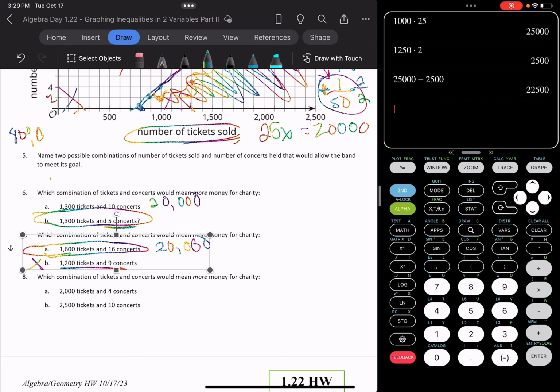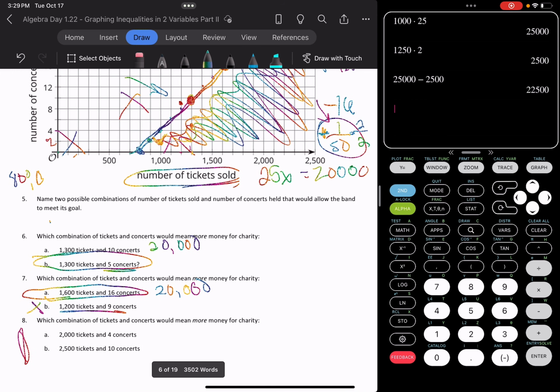For letter C, I would strongly recommend for this one, you can plot it on your chart and, based on the graph, think which one would make more money, but I would also strongly encourage you to plug in the numbers, right? So plug in 2,000 times that $25 plus 4 times $12.50 and see what that equals. It is greater than or equal to 20,000, but see how much that would be.